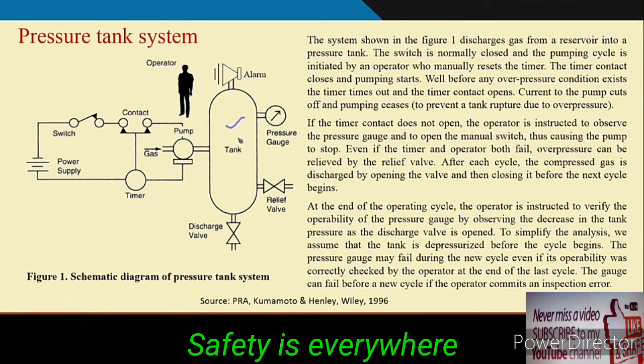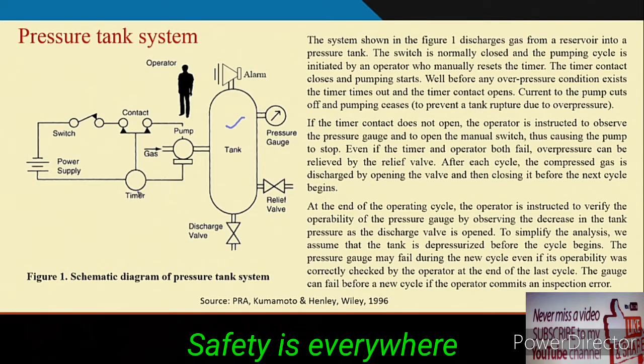But the tank is pressurized by gas, and the gas is pumped to the tank with the help of a pump, which is actuated by another mechanism, which is basically a timer and the electrical circuit. The cycle begins with zero gas in the tank, and then pumping starts with the timer set to a particular time.